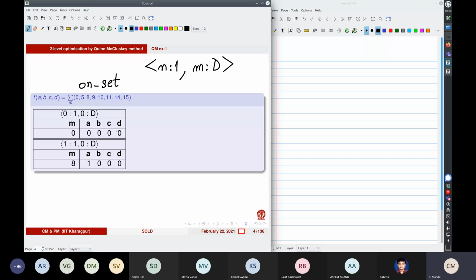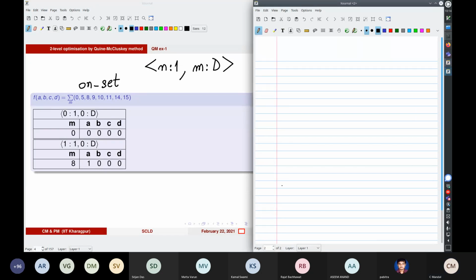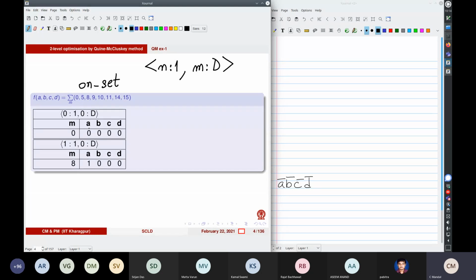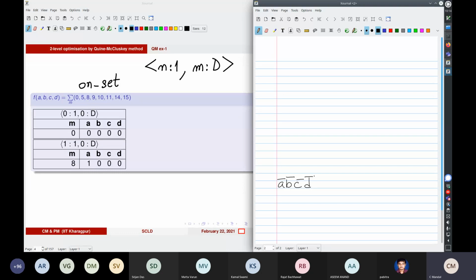All the bits in this min term are 0. So the min term is a bar, b bar, c bar, d bar. Any cube adjacent to this must have exactly one 1. So here we have 8, which is a, b bar, c bar, d bar.